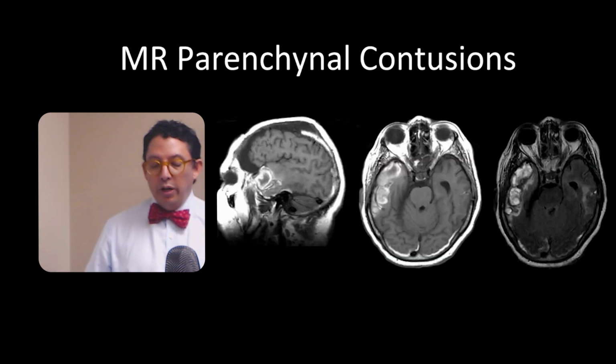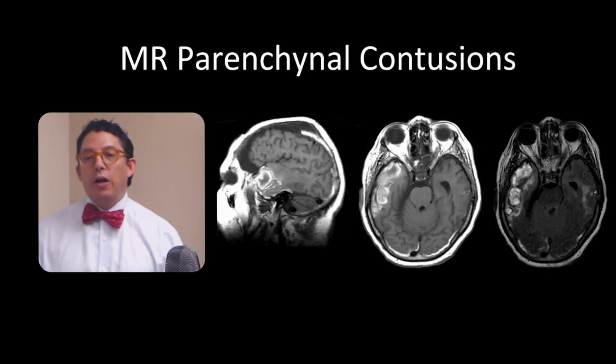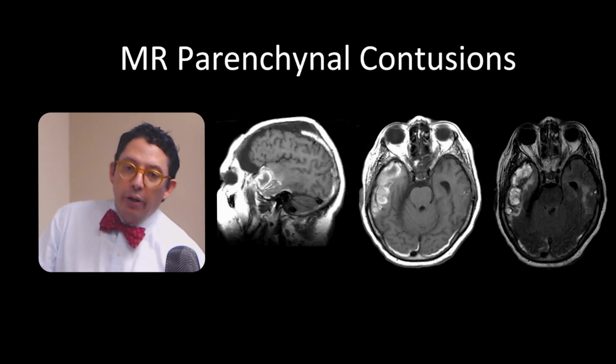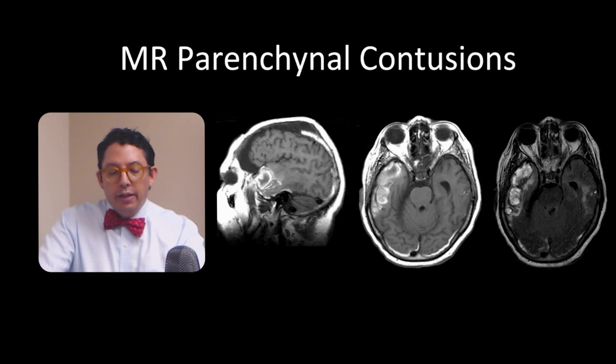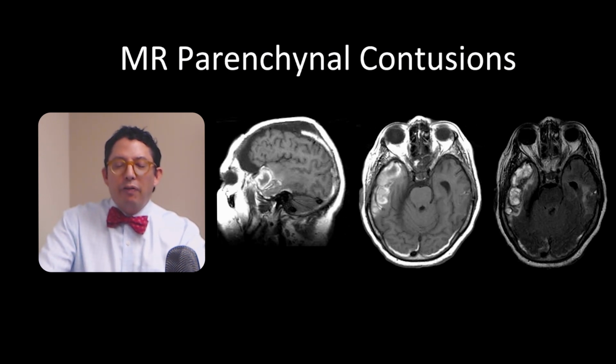Now, when we're talking about parenchymal contusions, there's a concept that is very important and high yield, and it is the coup and contra coup injuries. The coup and contra coup injuries happen when you have a very fast acceleration and deceleration phenomenon. So how could that happen?